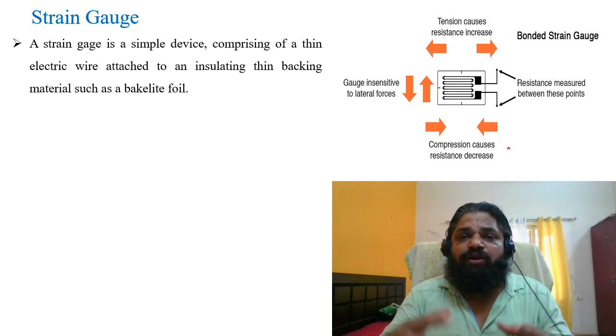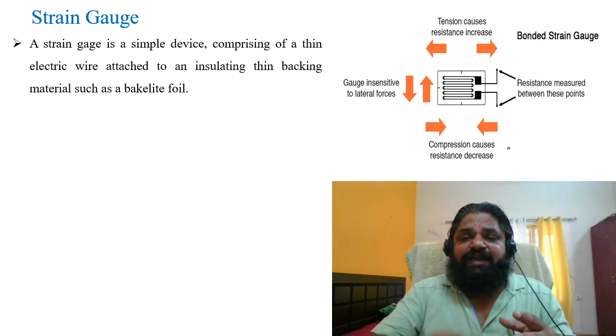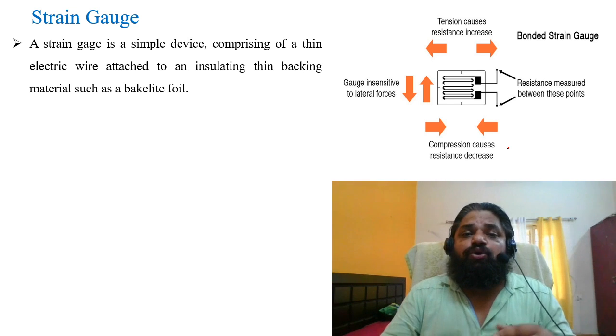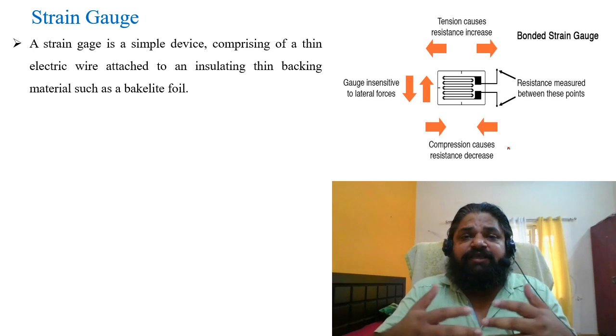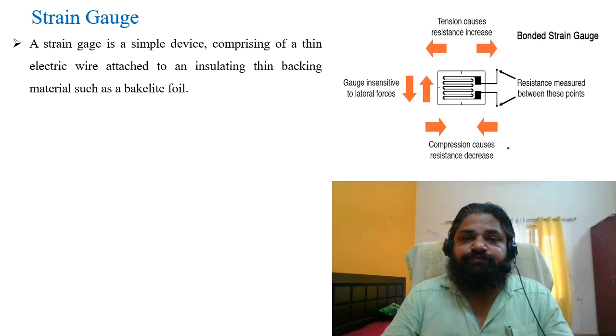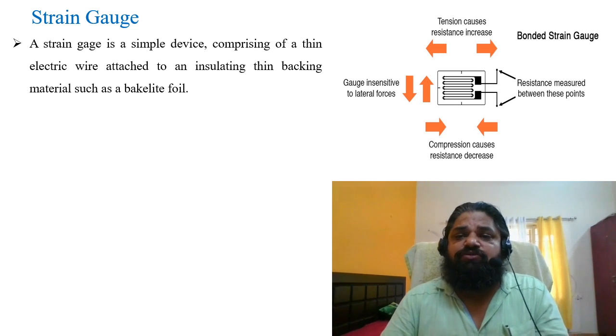If I am applying the load in one direction, then what are the strains occurring in all the directions? To measure that, we utilize an electrical strain gauge or a series of strain gauges to make a strain rosette. And what is the strain rosette? I will come to that. I am just trying to make you understand.